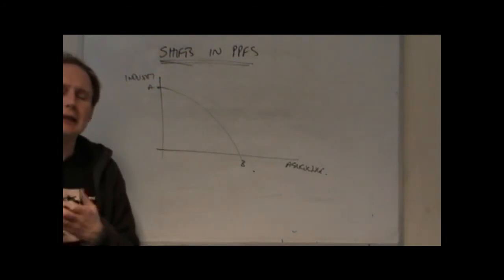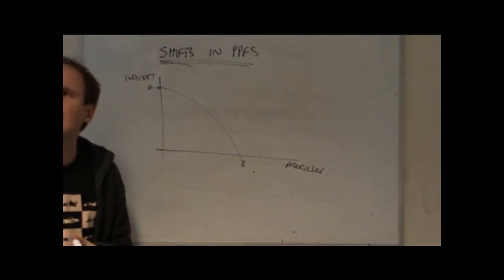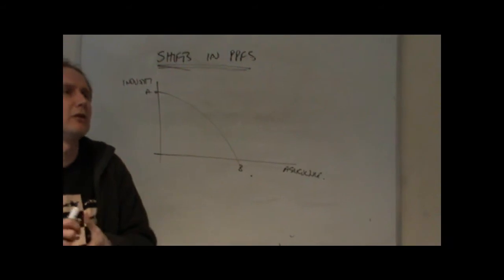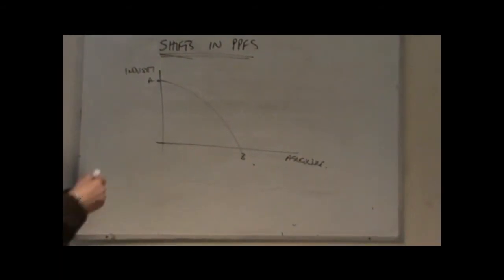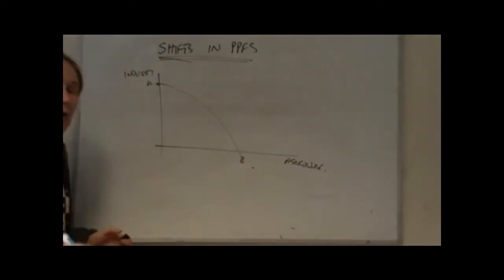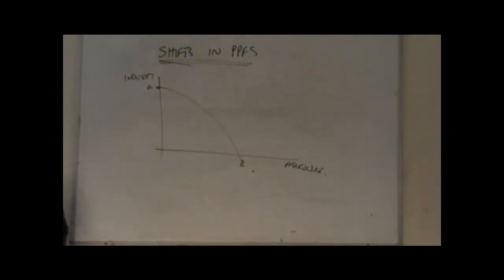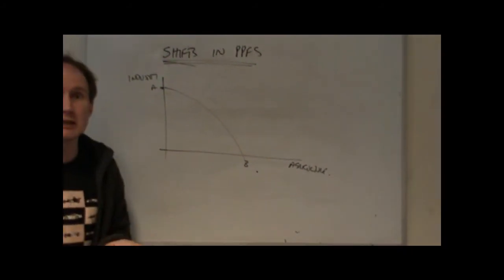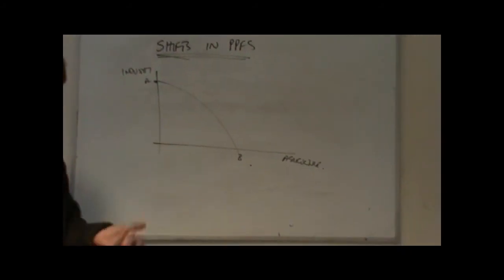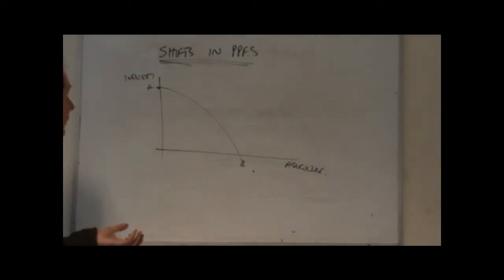If we're talking about the invention of something like GM rice or growth hormones in beef or something, then obviously an economy at A is not really going to benefit because it's not producing any agricultural goods at all, and the impact of genetically modified rice on industry is of course nil. It makes no difference at all.